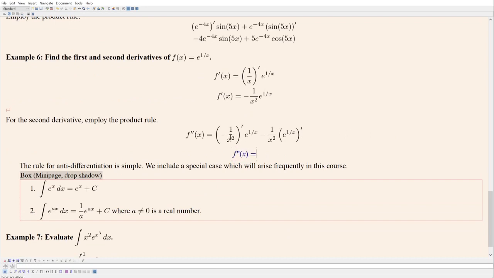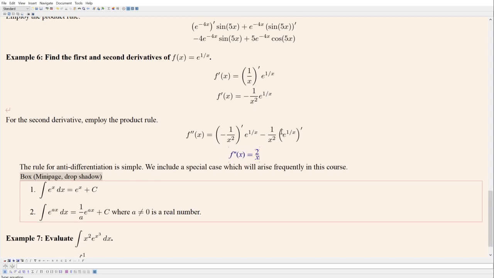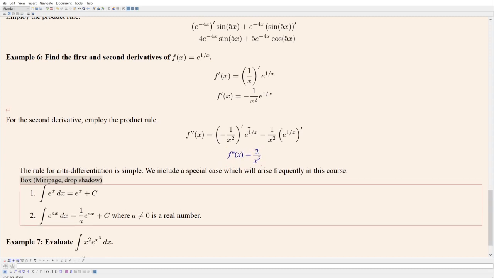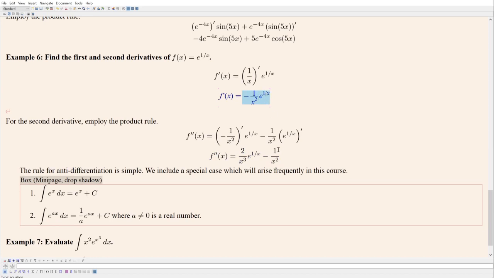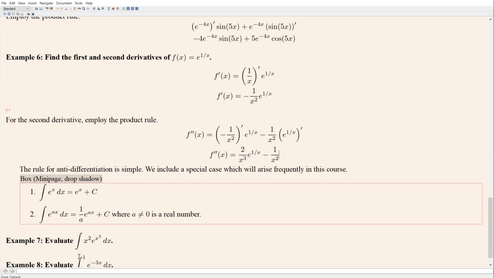Okay, so once again, use the power rule for this one. So this is x to the minus 2. So bring down the minus 2, the minuses cancel. So we have 2 over x cubed, right? So minus 2, x to the minus 3, but the minuses cancel. And then what is the derivative of e to the 1 over x? Oh, we already have that. We just computed that. So let's just copy and paste.